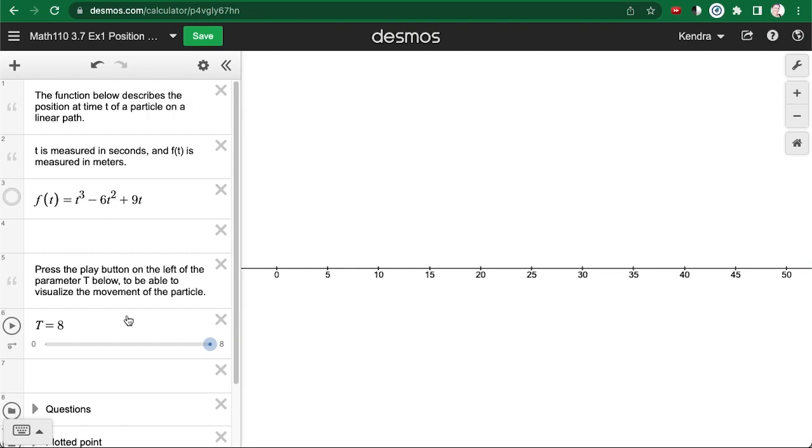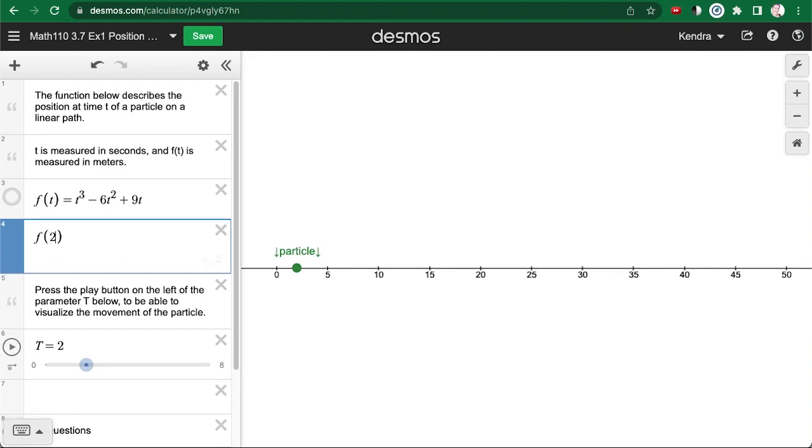Okay. So we can look at specific points in time. Like we can look at where t equals 2 and calculate f of 2. After 2 seconds, the position is 2, so that means it would be 2 meters along the path.